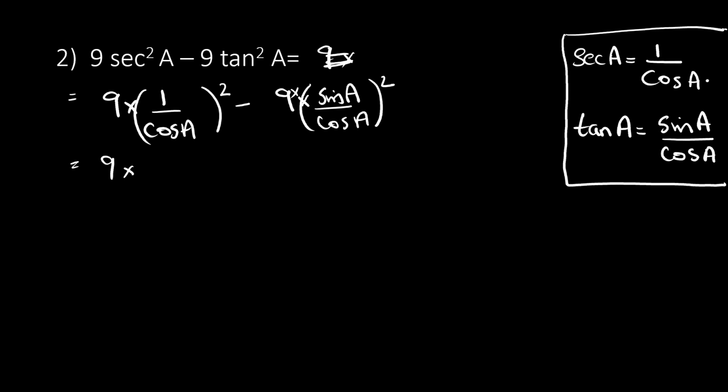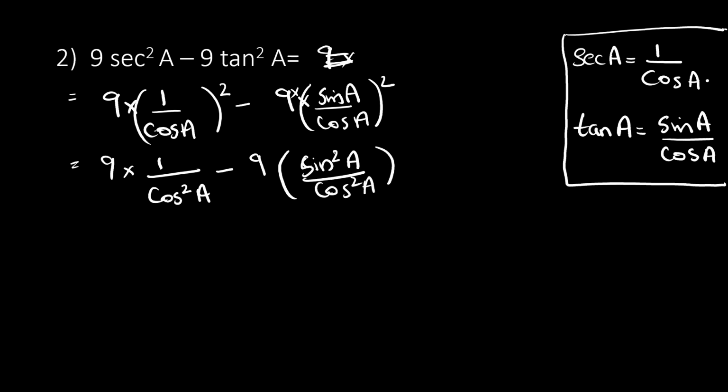This is 9 into 1 by cos A whole square, that can be written as cos square A, minus 9 into sin A by cos A whole square, that means sin square A divided by cos square A. Now this is 9 by cos square A minus 9 sin square A by cos square A.